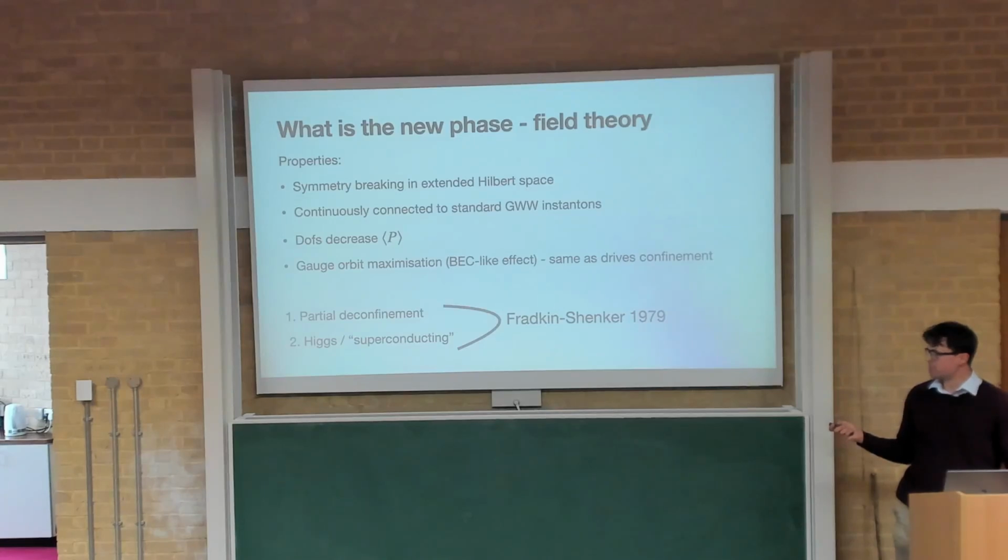But these might be related by the standard Fradkin-Shenker argument as well. So perhaps these should be treated as the same thing, where a partially Higgs phase is a similar description as the partially deconfined phase, but at a different coupling strength.